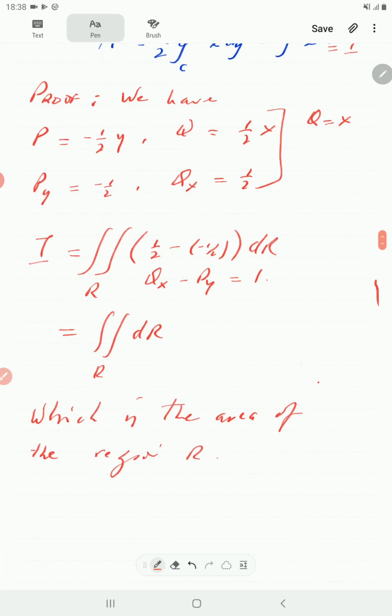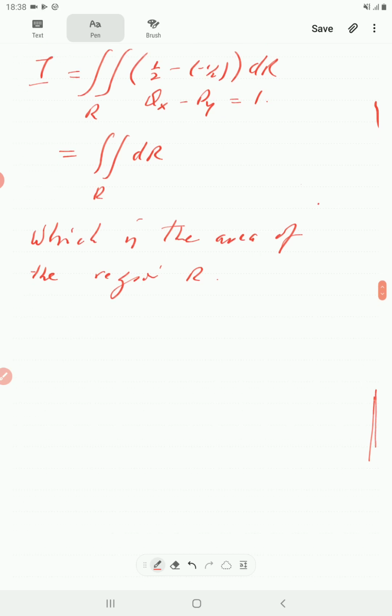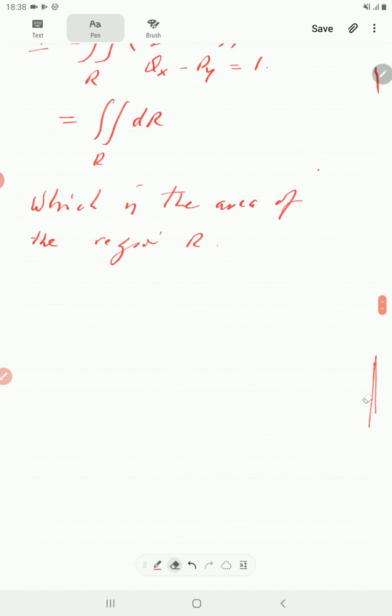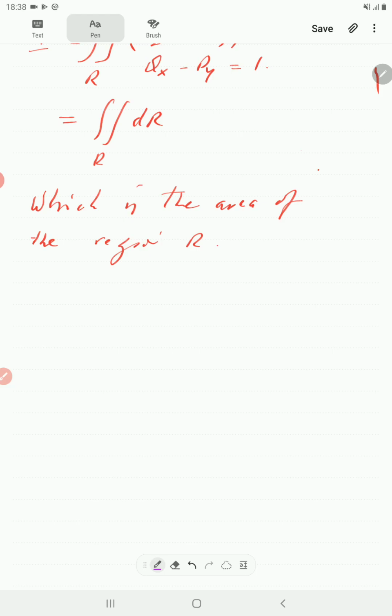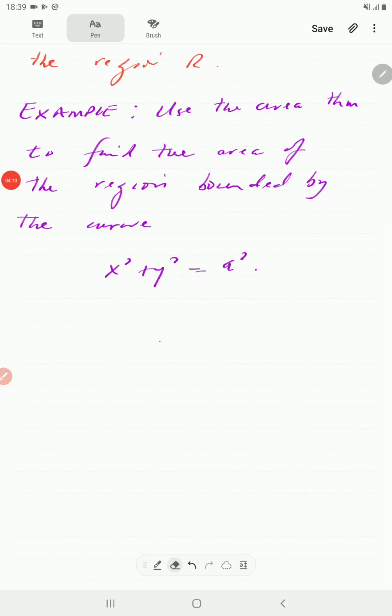Right, so let's just do one example to demonstrate the use of this theorem here. Suppose we want to use the area theorem to find the area of the region bounded by the curve x squared plus y squared equals a squared.